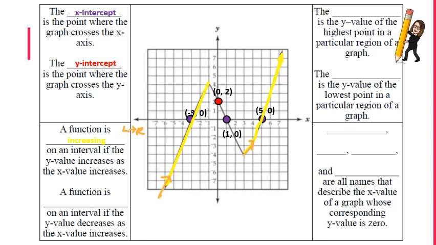So now to describe those increasing places, how do I say where it occurs, okay? We use what's called interval notation. And for the interval, we always use the x values, okay? So we need to use one type of value, and if we're reading left to right, that's the x-axis, so we use x values.